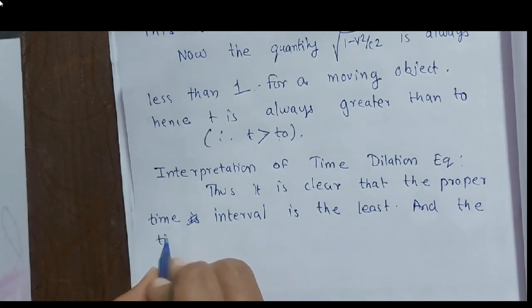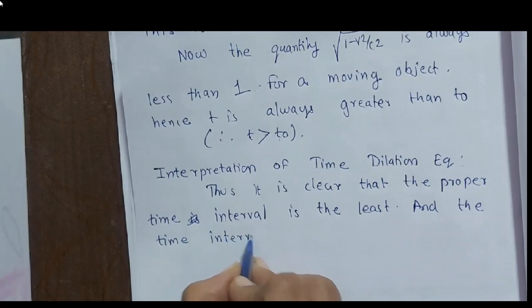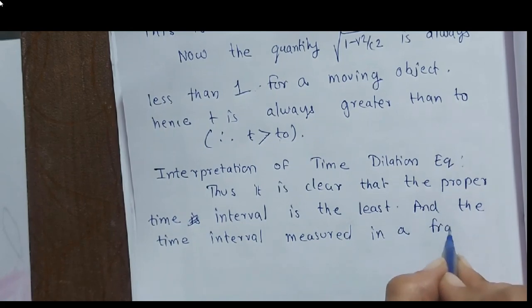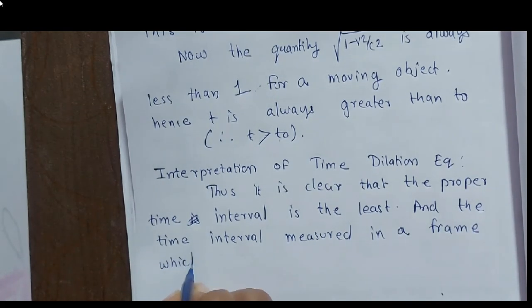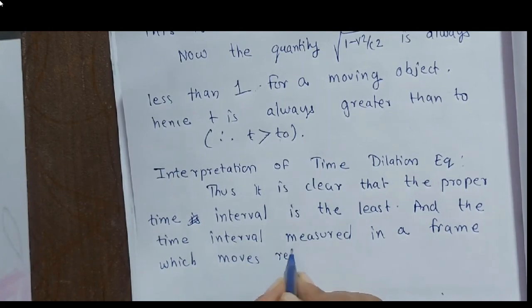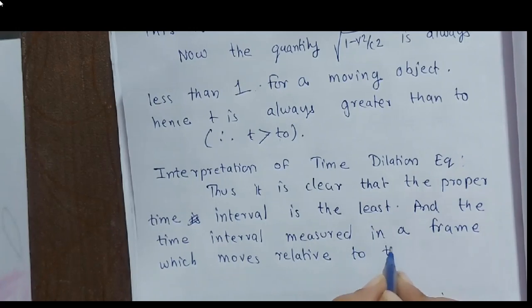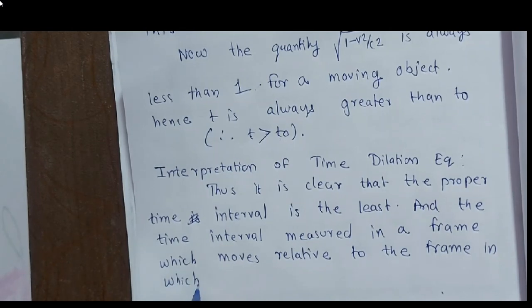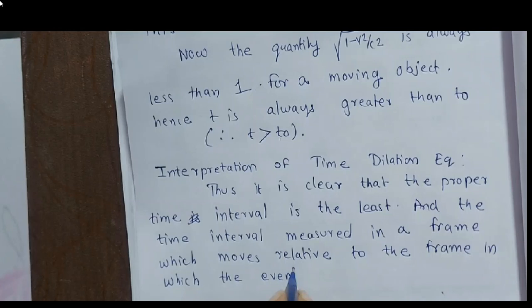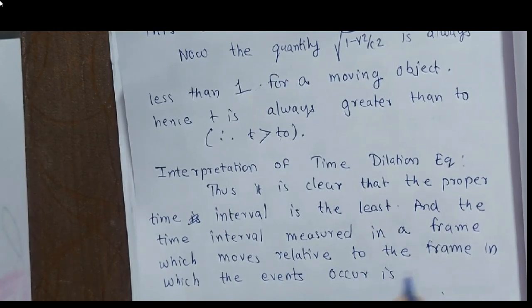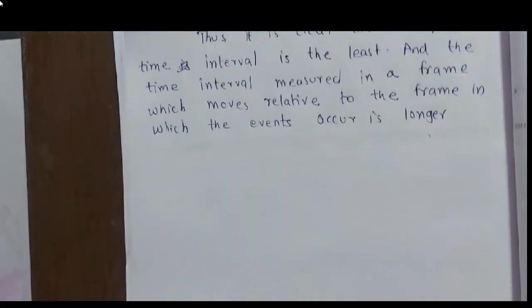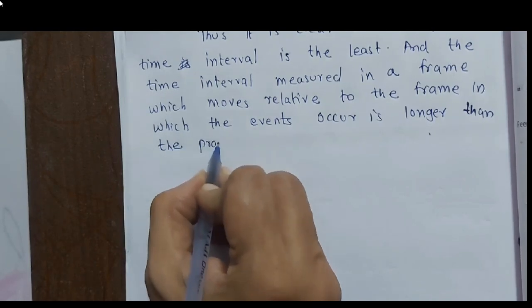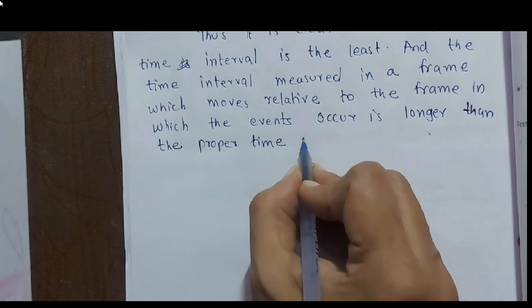the time interval measured in a frame which moves relative to the frame in which the events occur is longer than the proper time interval.